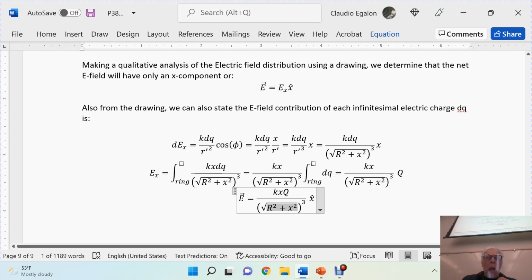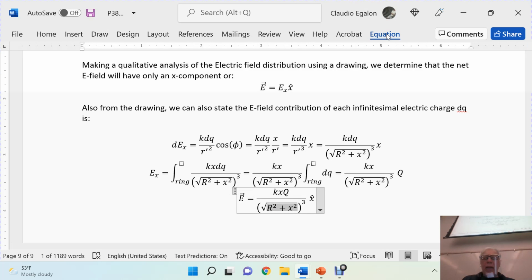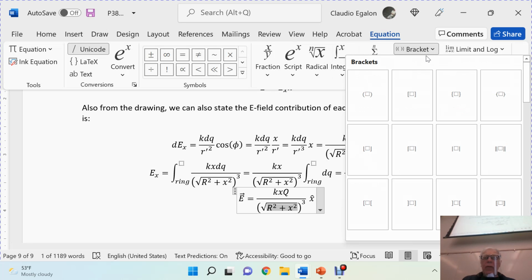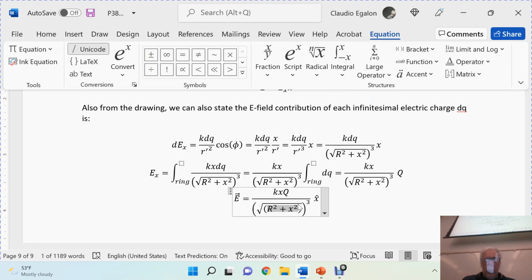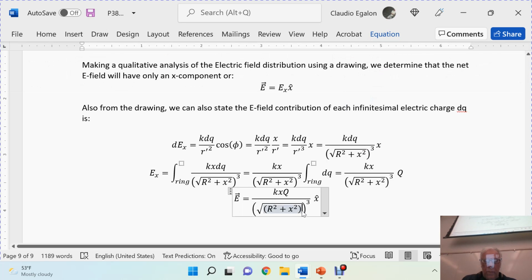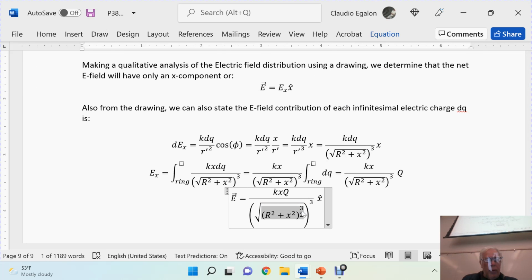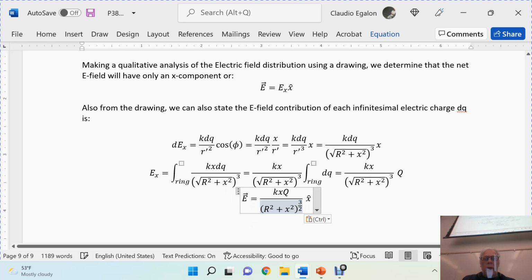We put a parenthesis there inside the square root, and then we eliminate the square root by writing the power of 3 halves there. And now I don't need the square root anymore, not even the cube outside. kQx, divide by that.